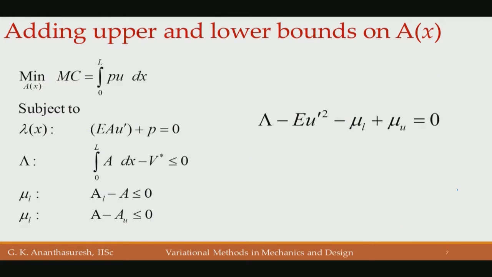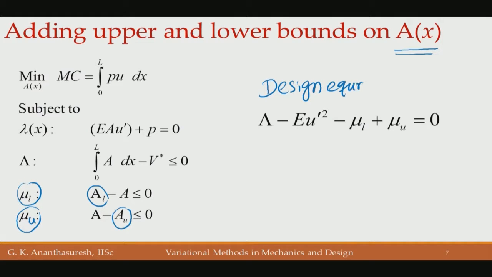Now, we also discuss another thing, which is adding upper and lower bounds on area of cross section. Area of cross section cannot be very large, or it cannot be negative or even close to 0. We wanted to keep it at a minimum, a lower bound A L that we choose, and then an upper bound also that we choose, with corresponding multipliers mu L and mu U. Because of that, our design equation will have 2 extra terms, which are indicated here.